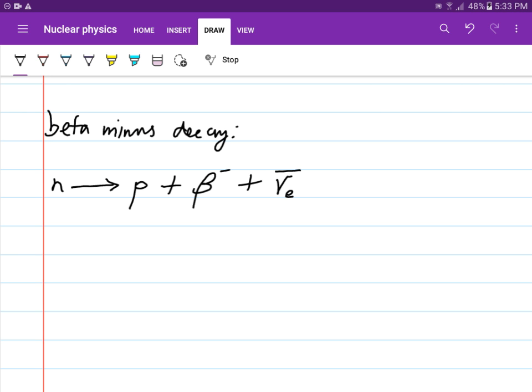So what is this beta particle? This beta particle is simply an electron. That's an electron with minus e charge, and combined with the proton with positive e charge, they both satisfy the conservation of charge.